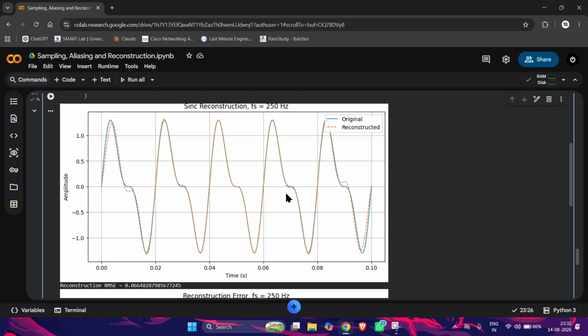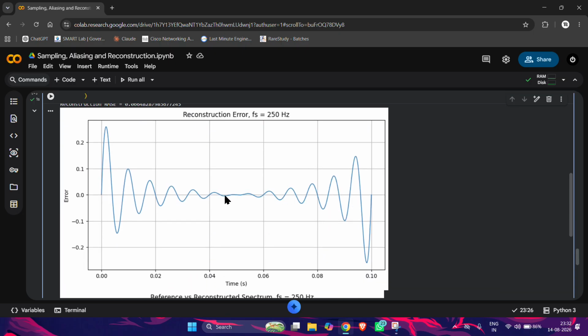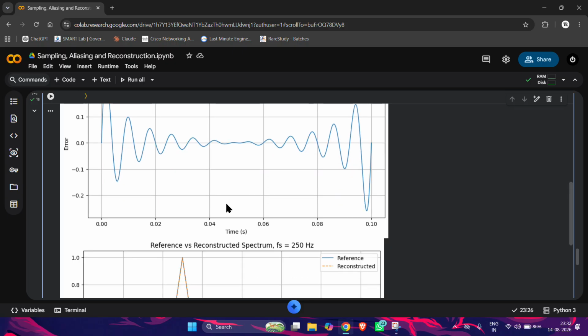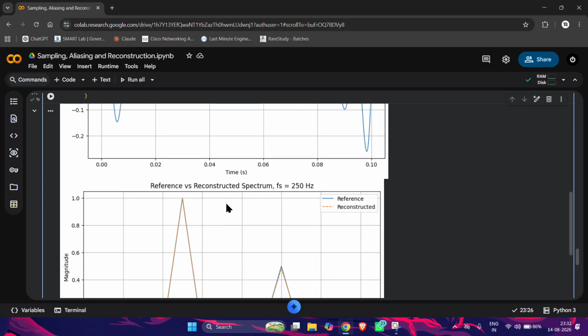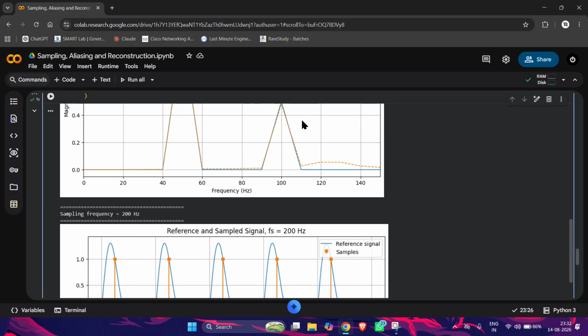Therefore, for 250 Hz sampling, aliasing does not occur and the reconstruction is successful. See, the error is negligible, that means the reconstruction error for the case of 250 Hz is negligible. And here is the reference versus reconstructed spectrum for the case of 250 Hz.